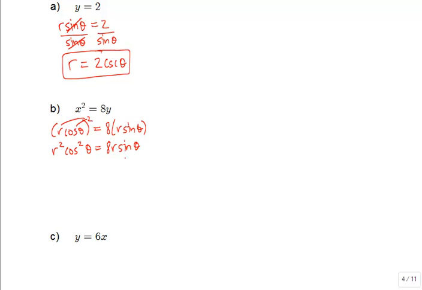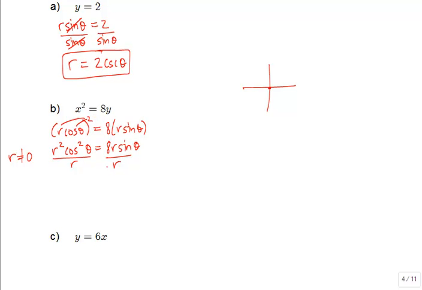Now on this particular example, one thing we can do to try to simplify it is divide both sides by r. And you can only do that if you know that r can't be 0. And we know that r can't be 0 because if r was 0, then we would have a graph that's just right at the pole, or the origin. And this graph right here is obviously not just the point 0, 0.